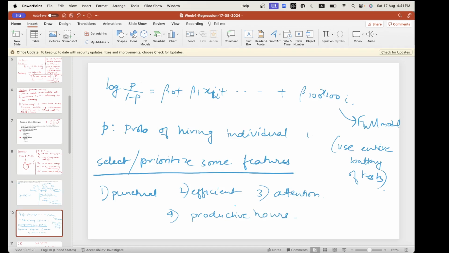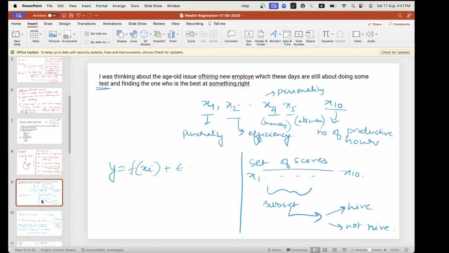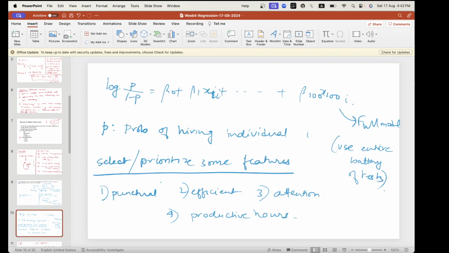Then after using the selection methods, or rather applying those variable selection criteria that were discussed in the class, you should be able to land at 4-5 selected features, and then implement this to hire your personnel.